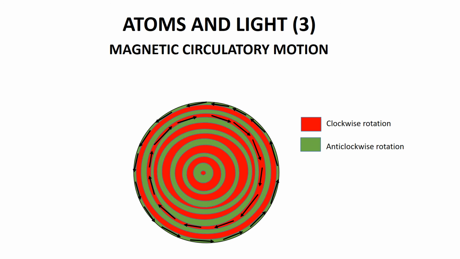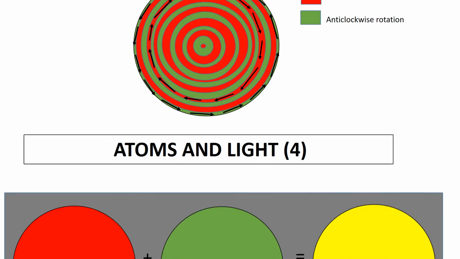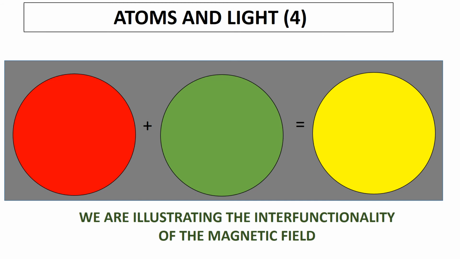They are associated with electric charge oscillations, so our atom consists of confined electromagnetic oscillations. We can illustrate the electromagnetic nature of the atom schematically using the red, green and blue pixels of a television screen. The red and green of the magnetic circulations add together to make yellow.